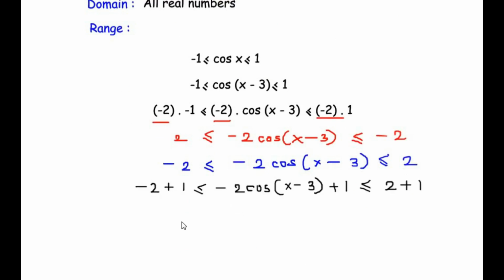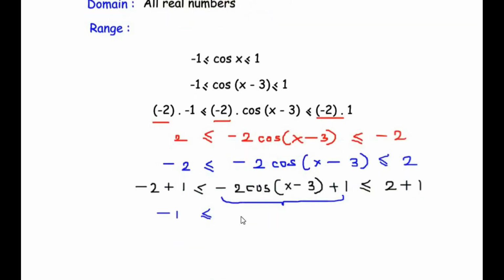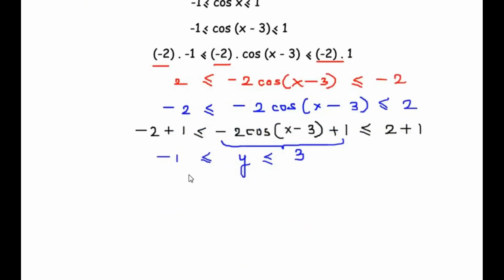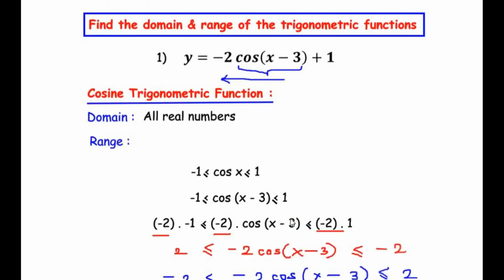That is -2 plus 1 gives us -1 ≤. Now this entire thing represents the range which was given as a question. So in place of this, I'm going to write simply y ≤ 2 plus 1 is 3. So the range of our function is going to be from -1 till 3. So this is the way we have to solve it, and solve it step by step to get the correct range. Now let us look at the second question.